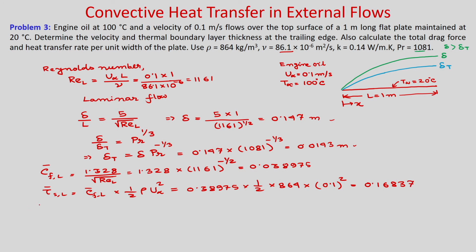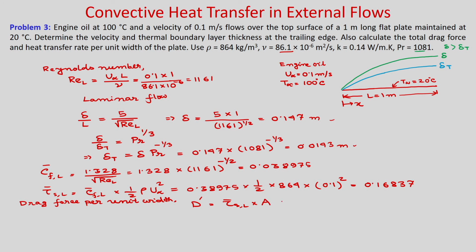Okay. So, now drag force per unit width you will be able to calculate. Per unit width means perpendicular to this board, in that direction. So, we are just putting a prime, telling per unit width. So, it will be the area into tau, right. So, tau into area. What will be your area?